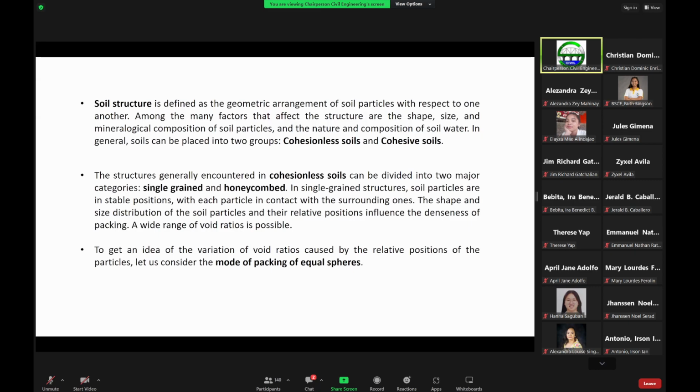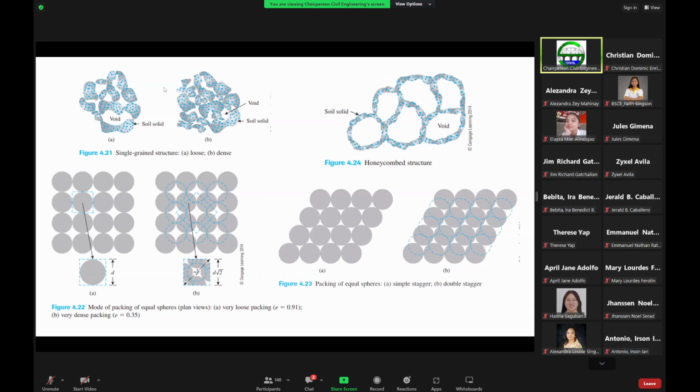What you're seeing here is a single grain structure. Again, in the case of cohesionless soils, you either have a single grain or a honeycomb structure. This one here is a single grain structure, wherein A is in a loose state.